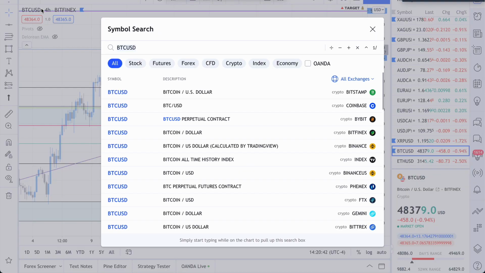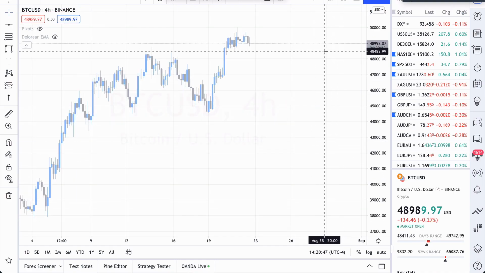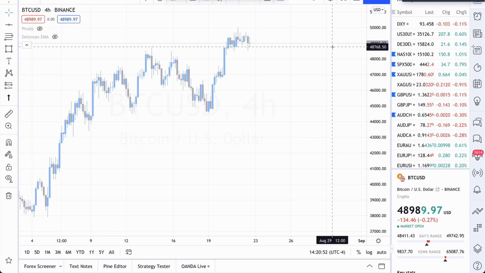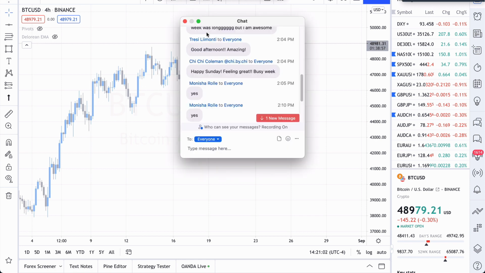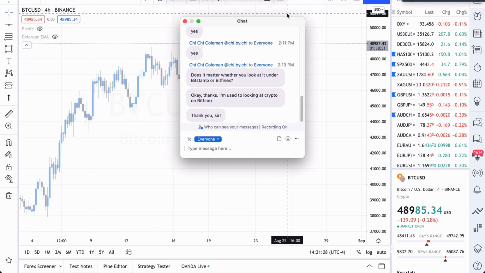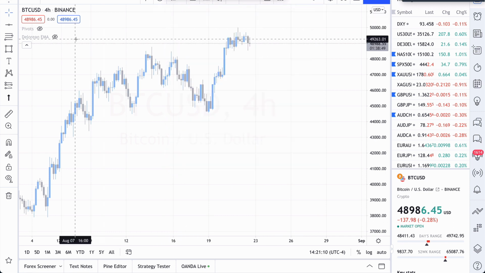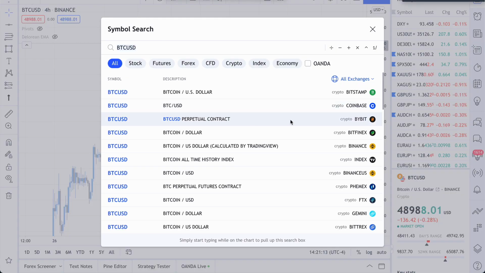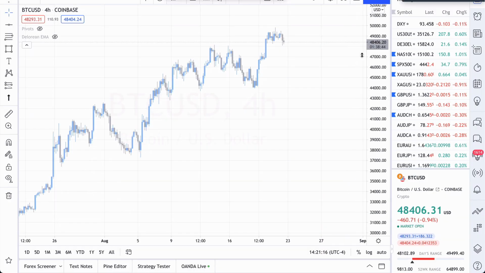On Binance, 48,990. So whatever you choose to use, just be consistent with that, because the numbers change either way. If you buy on Coinbase, it may be a good idea to use Coinbase. Let's go to Coinbase's number. So there's around 48,400.